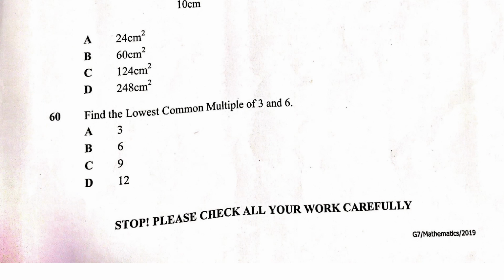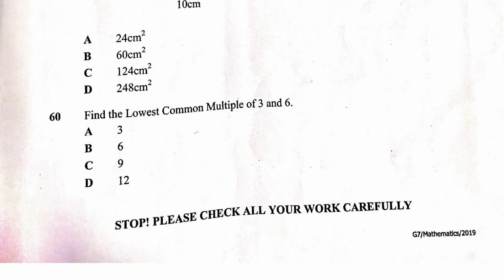Then the last question is find the lowest common multiple of 3 and 6. A multiple of a number includes an exact number of the number that you are dividing into. So this number must be a number in which 3 and 6 can be divided without leaving any remainder.